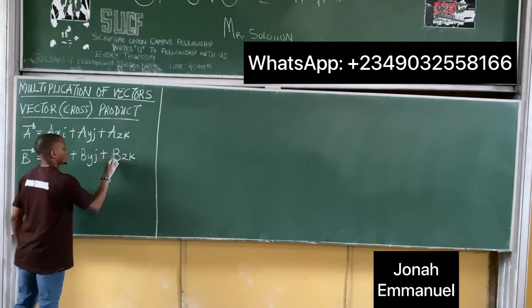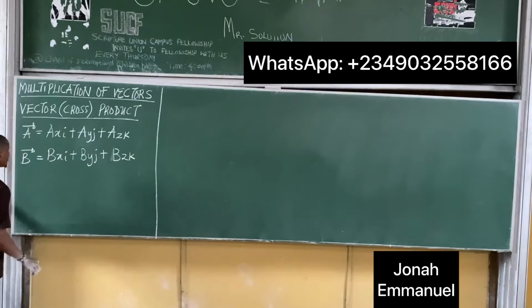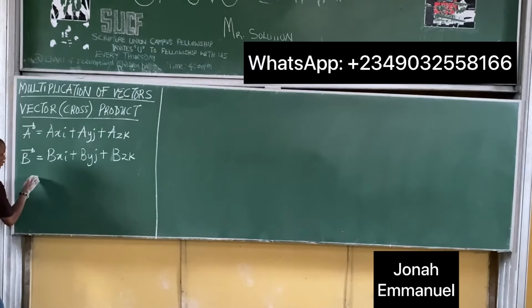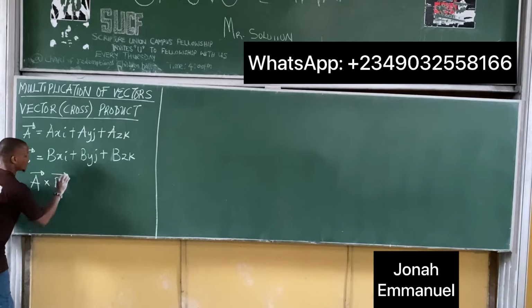So I have A and B. Their cross product is given by A cross B.